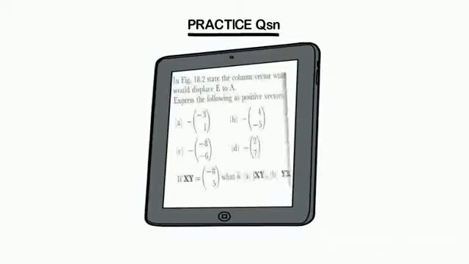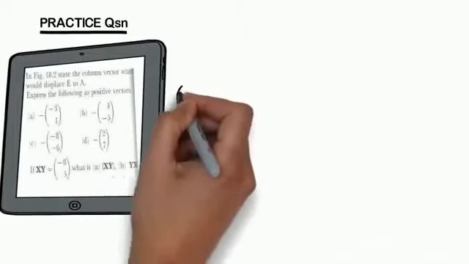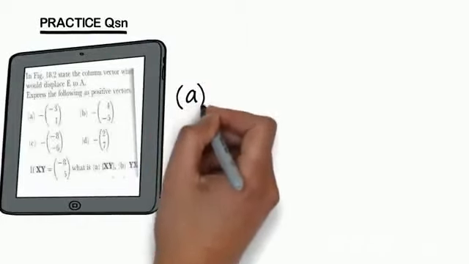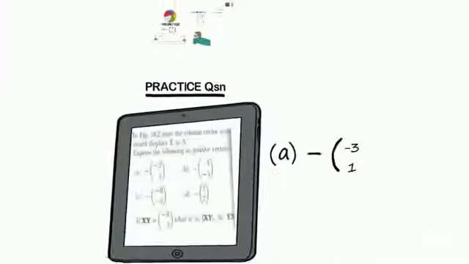We have a scenario whereby A is 3 and 1, minus 1 and 4. Let's start with A. We have a negative multiplying that matrix 3, 1, or the position vector.